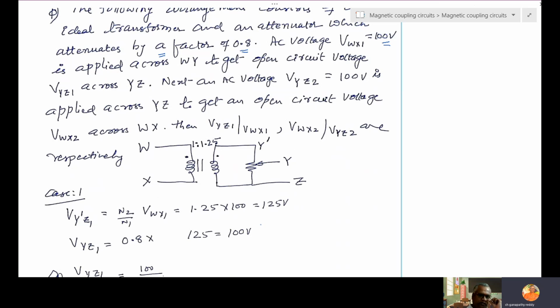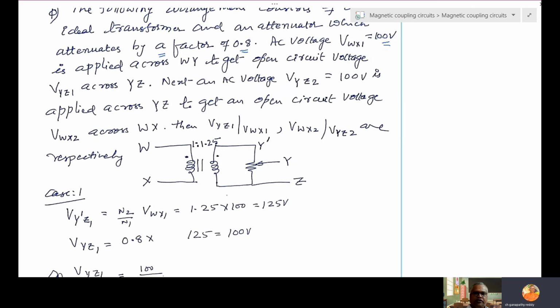So observe carefully. Case 1. What is the transformer ratio here? This voltage is Y prime. This by this equals 1.25 by 1, that is N2 by N1. So Y prime Z1 is equal to N2 by N1 times V WX1, where 1 indicates case 1. N2 by N1 is 1.25.